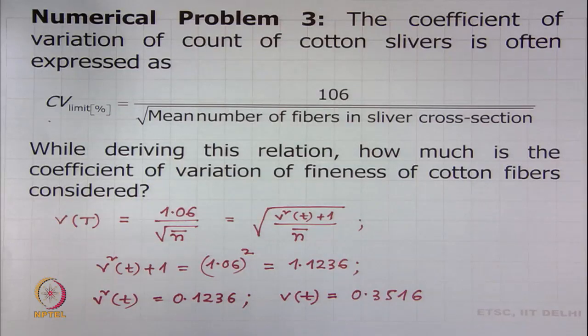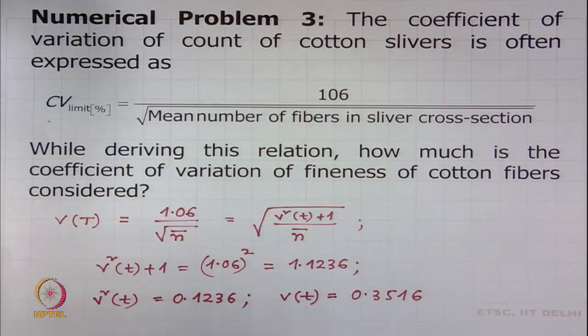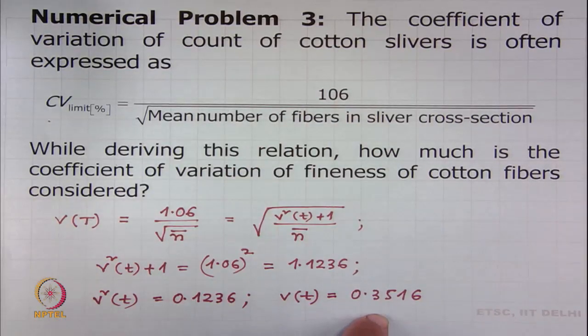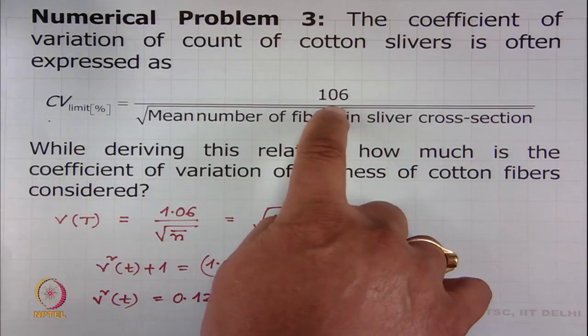But often we think that this expression is valid for all cotton fibers irrespective of the variety of cotton, which is not correct. So, this expression is true if this is the CV of fiber fineness. If the CV of fiber fineness changes, of course, this value will not be 106, instead of 106 it can be some other value.